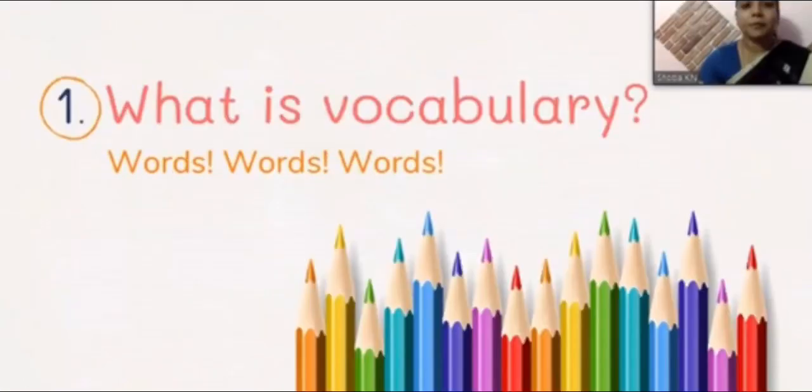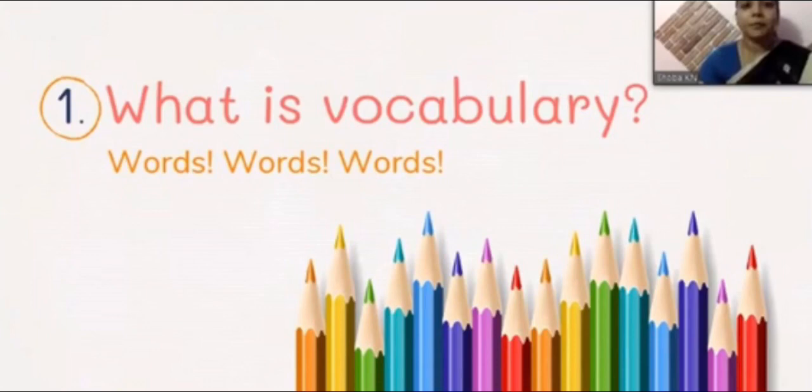The first topic is what is vocabulary. We all know grammar, sentence structures and basic vocabulary. Even so, we might be wondering about one big question. How do we improve our vocabulary? Or how do we speak English fluently?